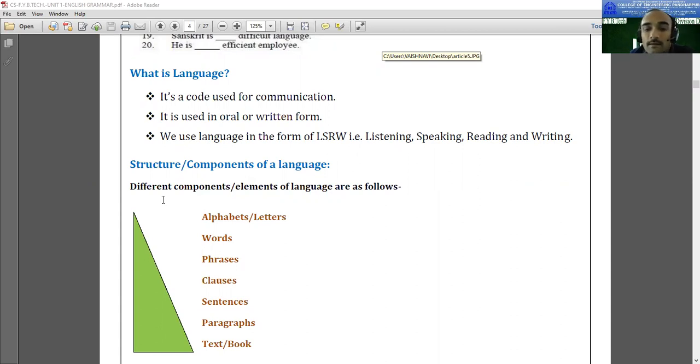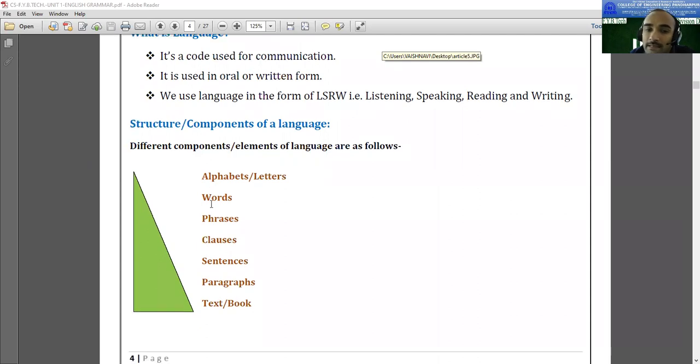Then for learning any language, we have to know the structure or components of a language. That language might be your mother tongue, or English, or any other language, French, German, Chinese or Japanese.